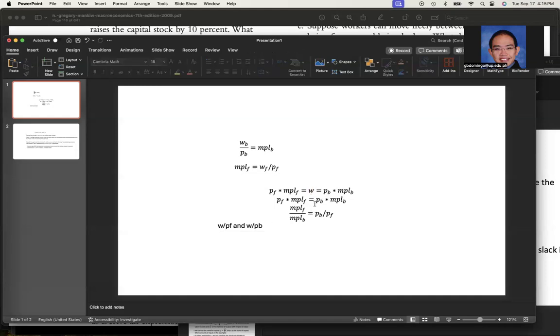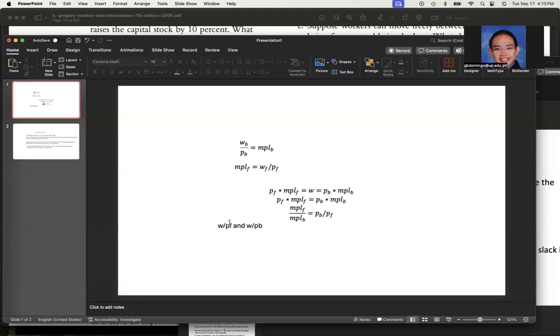Again, this assumes that W is the same, that people can move from one industry to the next, right? You can imagine a separate answer, for example, if that's not the case. And in this particular case, you'd have to think about it a little more, and maybe that's the challenge moving forward. But for this particular case, when you have a homogeneous labor force, W will essentially be constant.